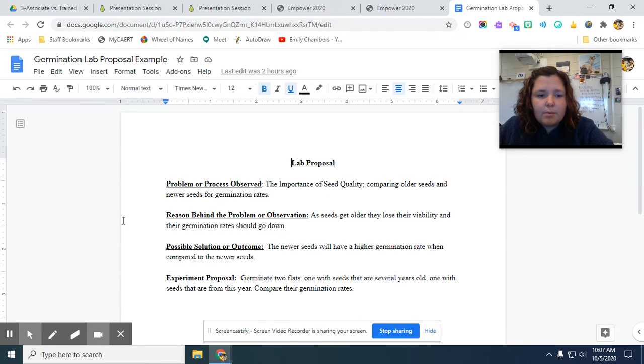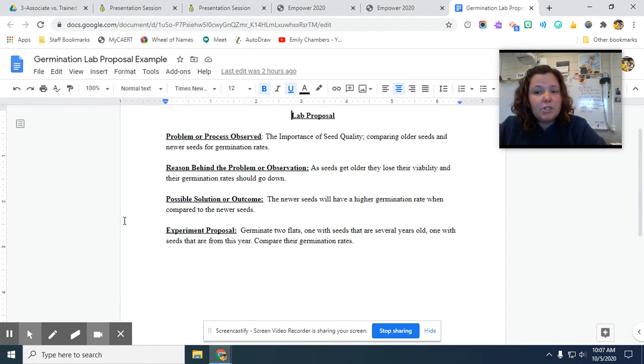So, lab proposal, problem or process observed. This changed since the last time you did this document. It's not always a problem. Sometimes it's a process that we're trying to observe, something that we want to witness that we've learned about, okay? So mine is the importance of seed quality, comparing old seeds and newer seeds for germination rates.